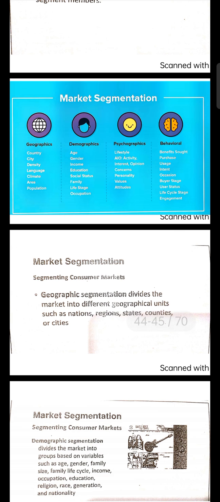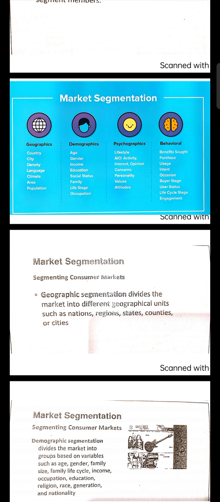So market segmentation can be separated by different types of segments, like geographic, demographic, psychographic, or behavioral.